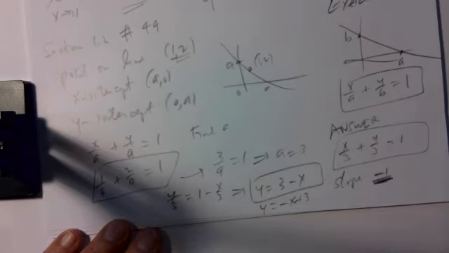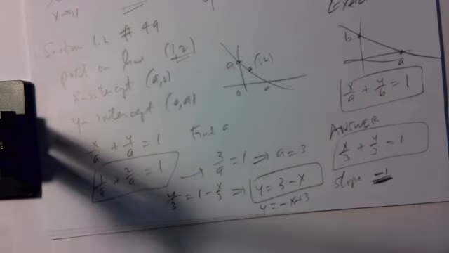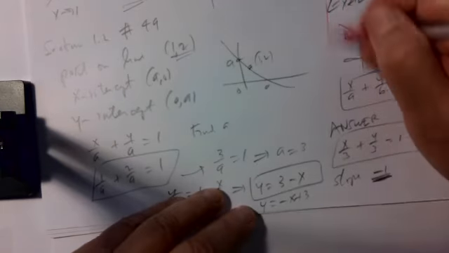How did you get the rule of x over a plus y over a equals 1? Well, the way I did that was I looked at the problem. The problem says use the result of exercise 46. Exercise 46 is this.